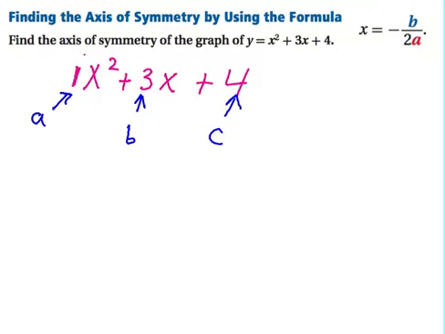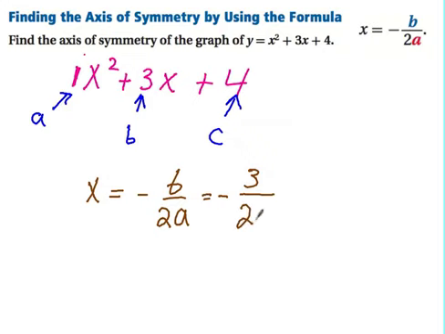So if I want to find the axis of symmetry, x equals negative b divided by 2a. My b is 3, so negative 3 divided by 2a, 2 times 1, because a here is 1, so 2 times 1.